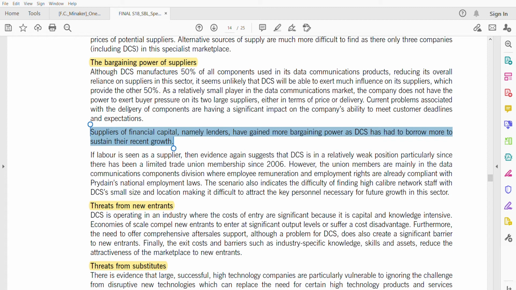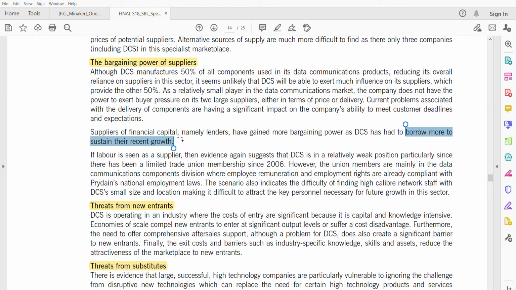You might not think about this, right? You might only think about a supplier who is supplying us raw materials, components, from that perspective. But here they have taken, okay, suppliers of financial capital, namely lenders, have gained more bargaining power as DCS has had to borrow more to sustain their recent growth. Exactly. When you have to borrow more, you know that DCS is dependent on the lender.